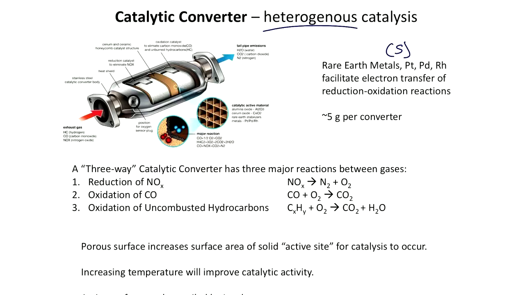So in a car, all of our vehicles have it. There's about 5 grams of rare earth metals like platinum, palladium, rhodium to catalyze the exhaust coming from your tailpipe.